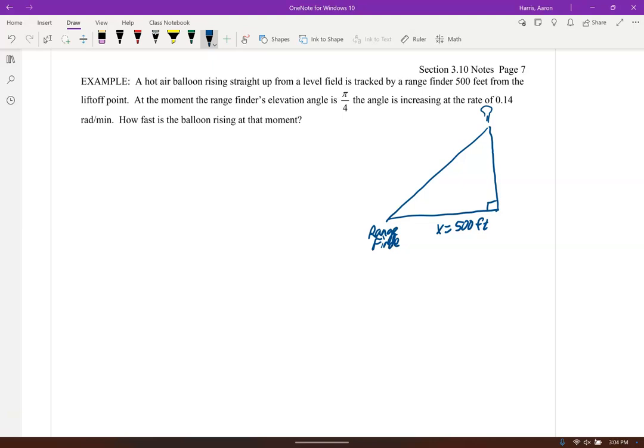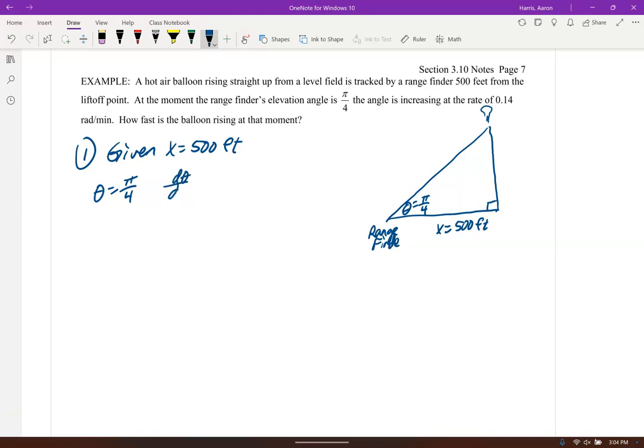At the moment, the rangefinder's elevation is pi/4, so this theta angle is pi/4. The angle is increasing, so let's write all this down. We're 500 feet from the liftoff point. The angle of elevation is pi/4, and the angle is increasing.